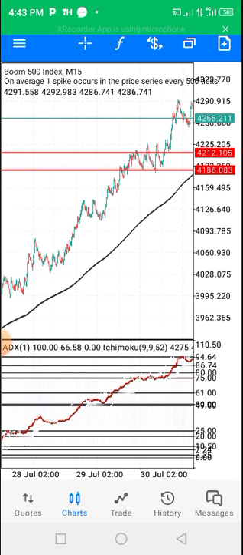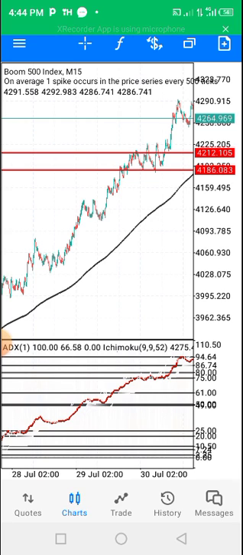If it is right below the candles, that tells you the market is in an uptrend, and it's okay for you to make your entries because you will be catching more spikes. You catch more spikes when the market is in an uptrend, on Boom.